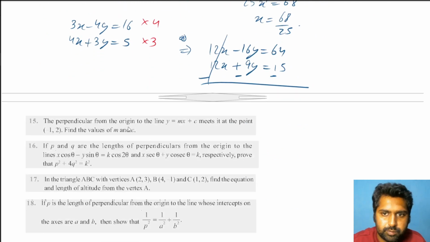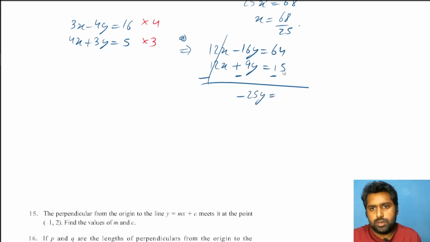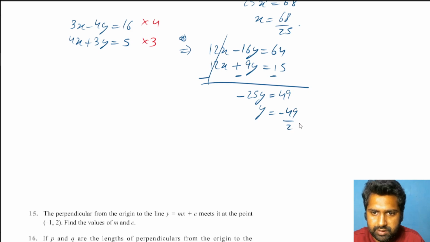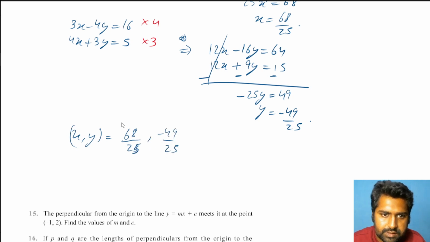This time it is coming. So minus 25y is equal to 49. So y is coming minus 49 by 25. So x comma y is 68 by 25 comma minus 49 by 25. This is the coordinate of foot of perpendicular.